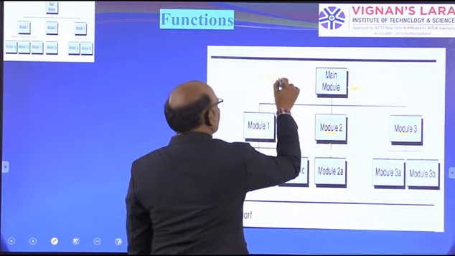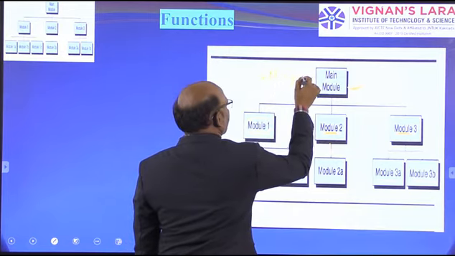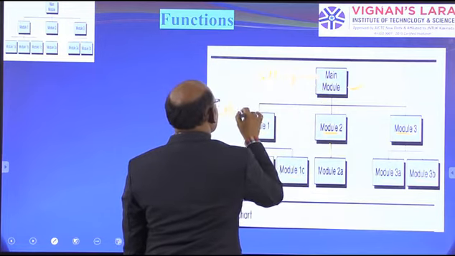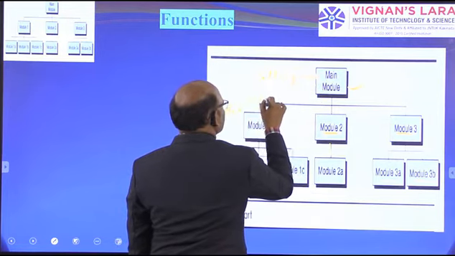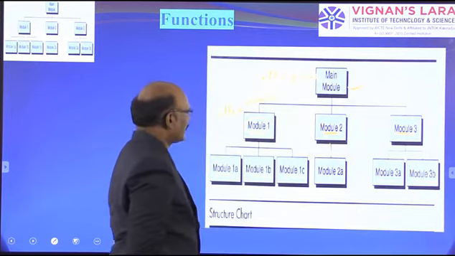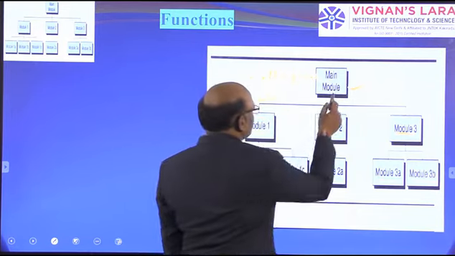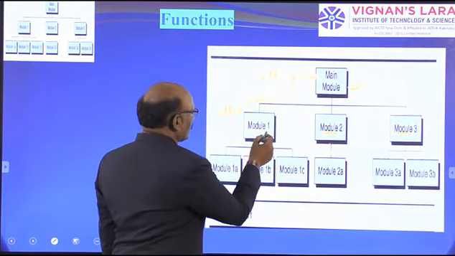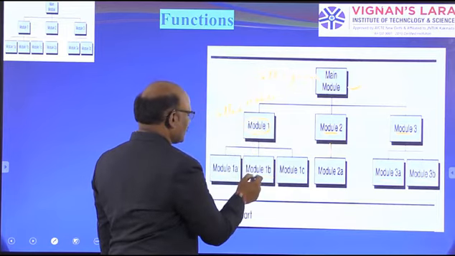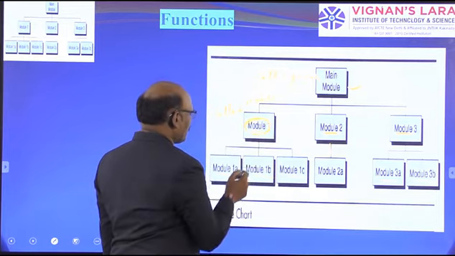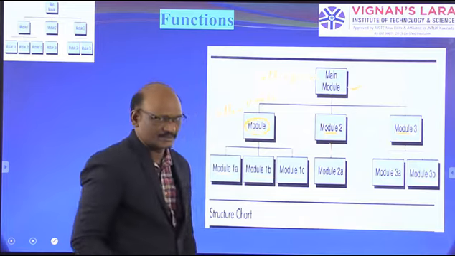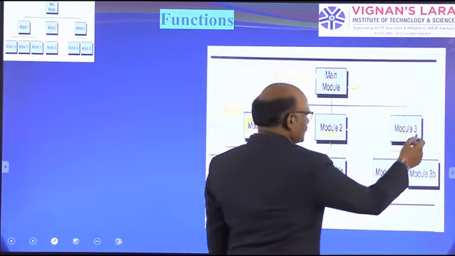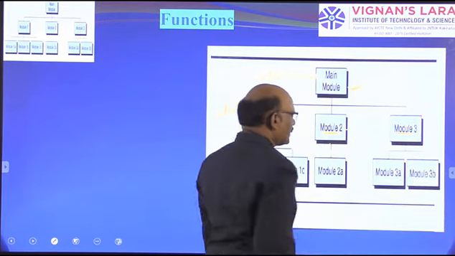Again, this is the calling module which calls these three. This is the calling module and this is the called module. This is the calling module and these two are the called modules.